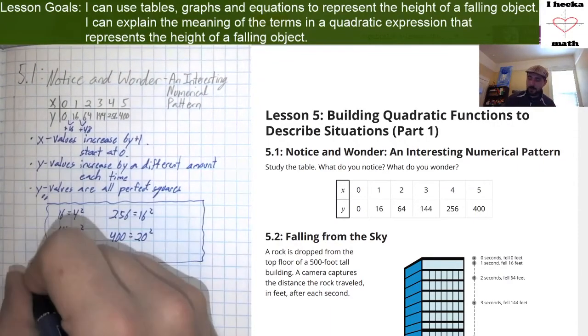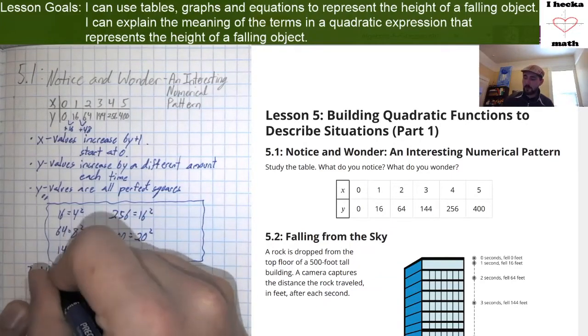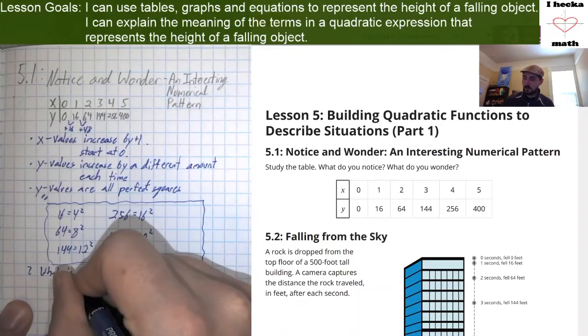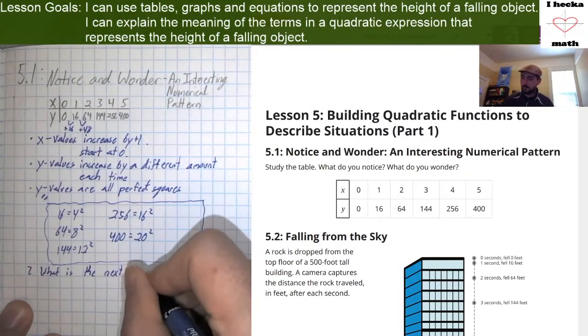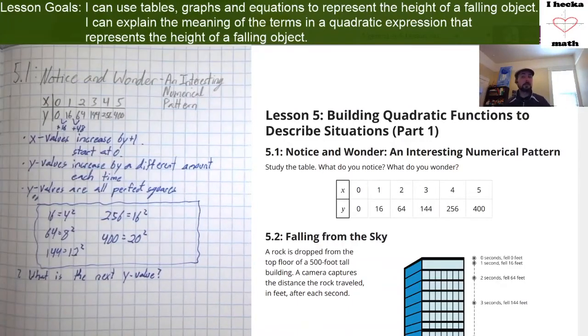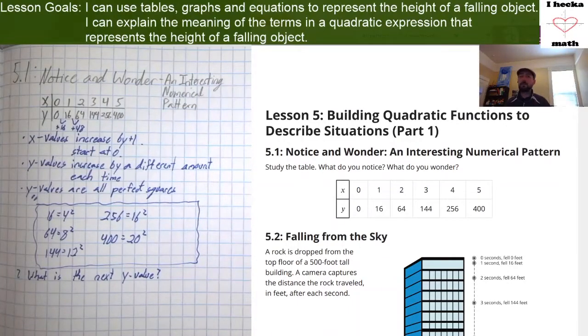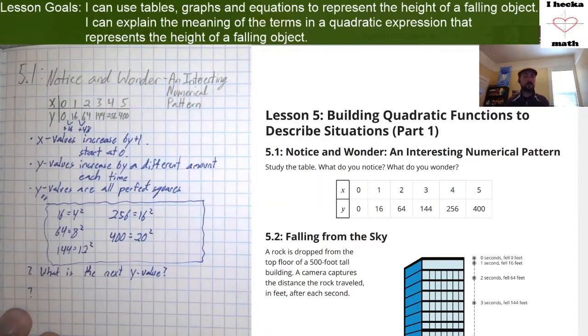Some questions that I have. What is the next y value? Is there a pattern that I can leverage? Maybe I can find the next y value. And maybe that's another thing I wonder.